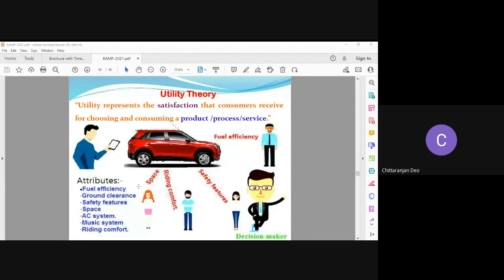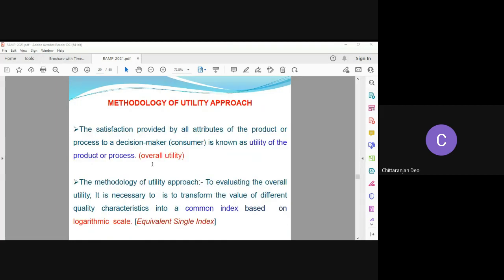The overall usefulness of the product can be represented by a unified index, which is the sum of the individual utility of the various quality characteristics of the product. The best choice provides the best satisfaction, which refers to maximization of the utility.